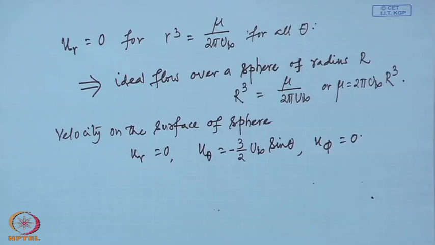It was 2 u infinity sin theta, now it has become 3 by 2 u infinity sin theta. That means, in case of a sphere, the flow acceleration is less. The maximum is again at theta equal to pi by 2, which will be minus 3 by 2 u infinity. In case of a cylinder, it was 2 u infinity.